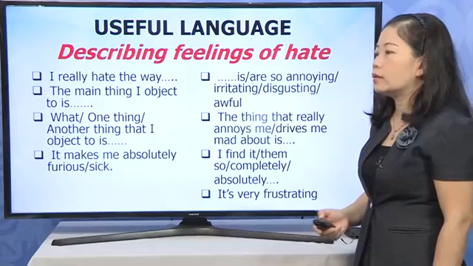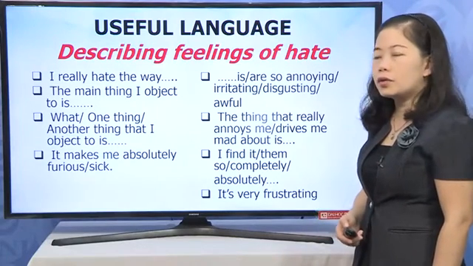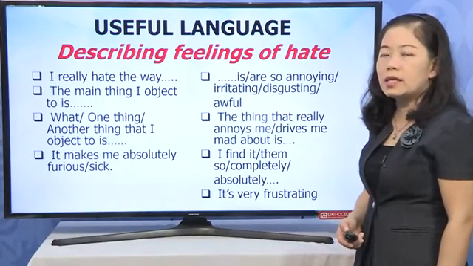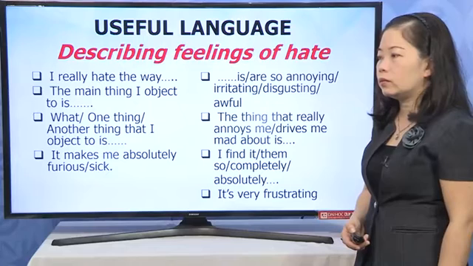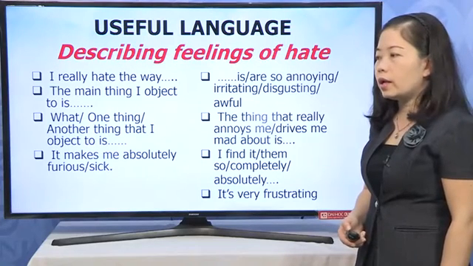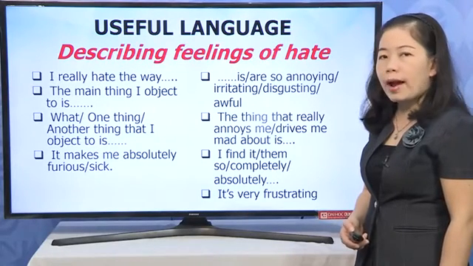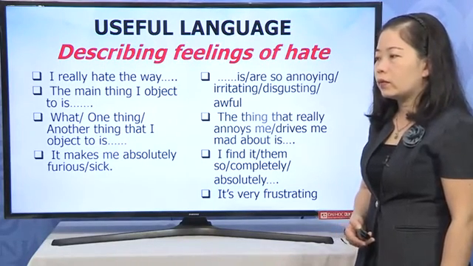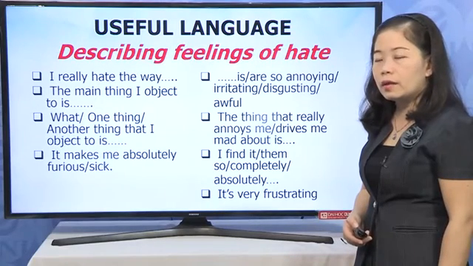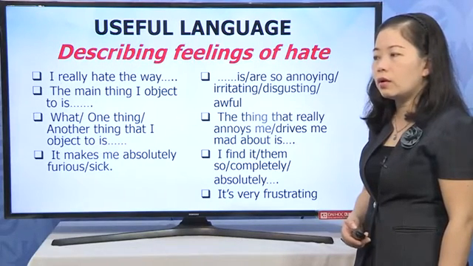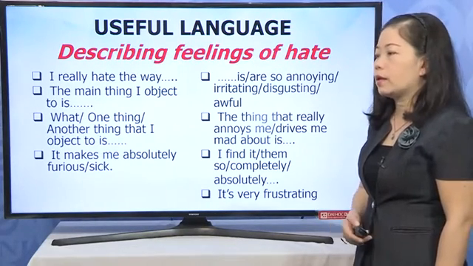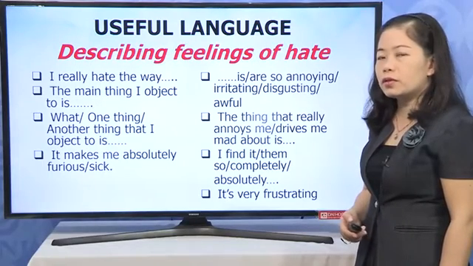Something, you see, is or are so annoying, irritating, disgusting, awful. Or the thing that really annoys me or drives me mad about is, or I find it, or I find them so, or completely, or absolutely frustrating. The last is very frustrating.